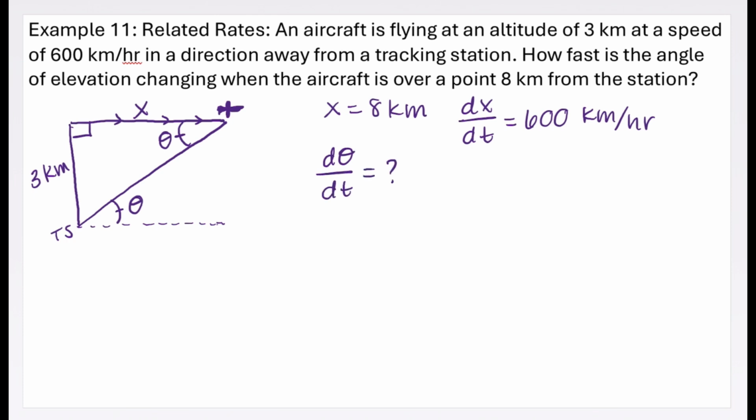Now, we don't know what this is, but I can think about what it would be in. So when an angle changes, an angle measurement is radians. So this is going to be radians per hour. Now, that's a completely different unit than what we started with. So we're talking about kilometers in the problem, and we're trying to relate that to radians.